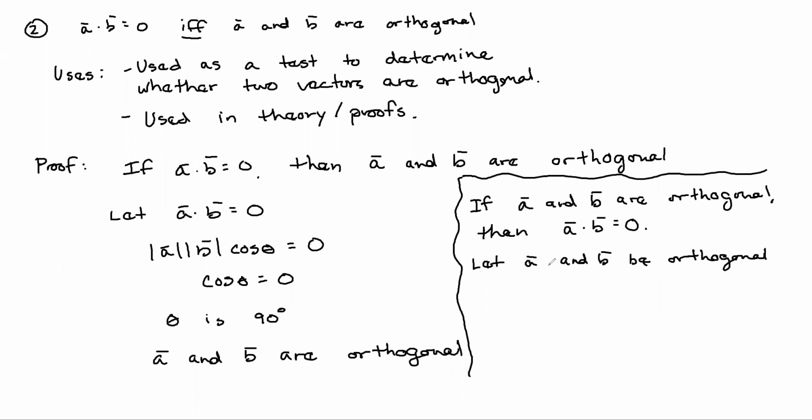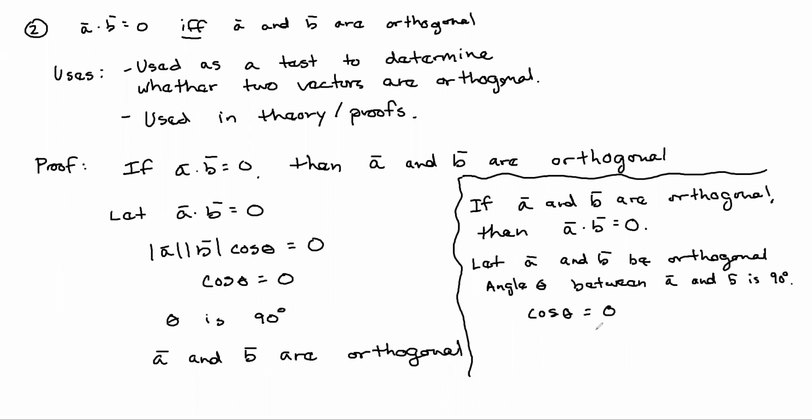If A and B are orthogonal, then the angle between A and B is 90 degrees. And if theta is 90 degrees, then cosine of theta equals 0, right?